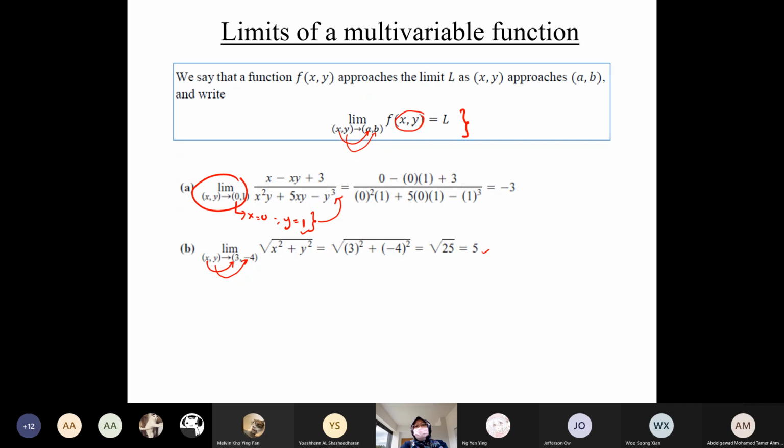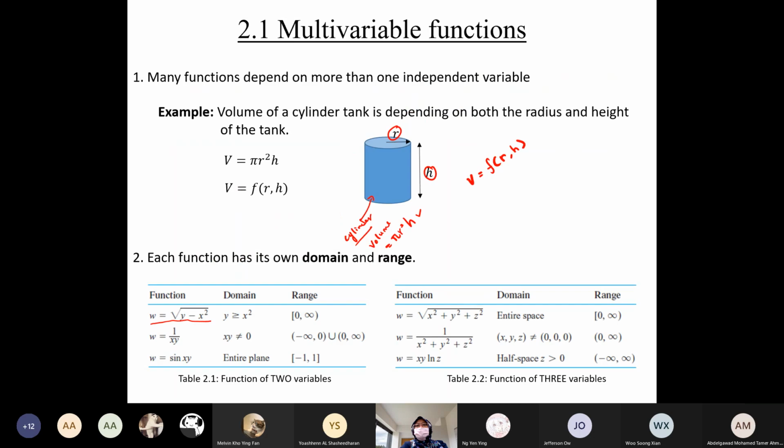We want to derive a function. So we must know how to read the function, and what is meant by a function. Previously, you were given a function in terms of variables, so you know which one is a constant value and which one is the variable value.